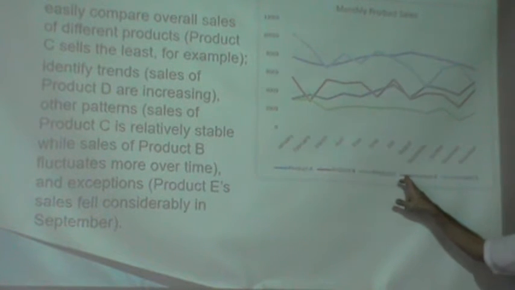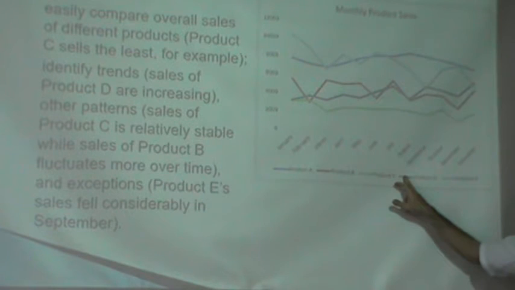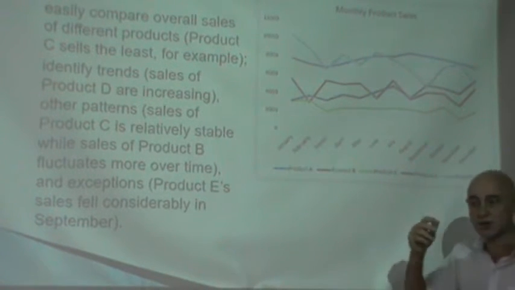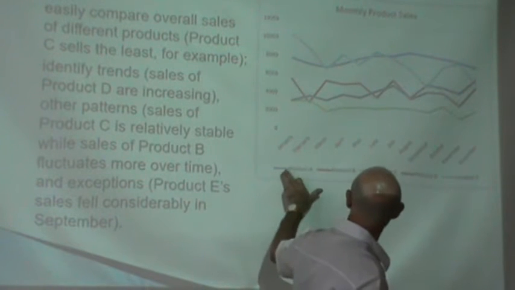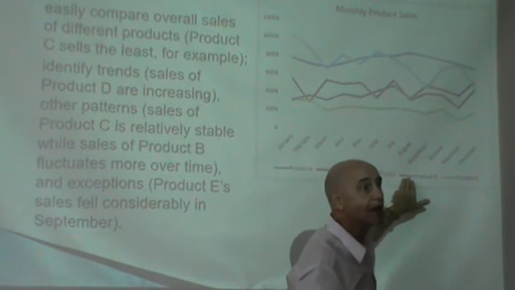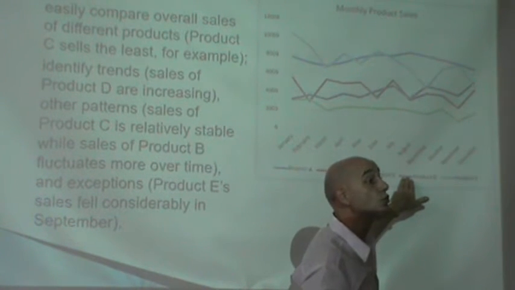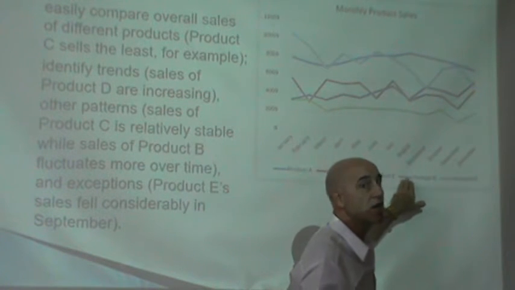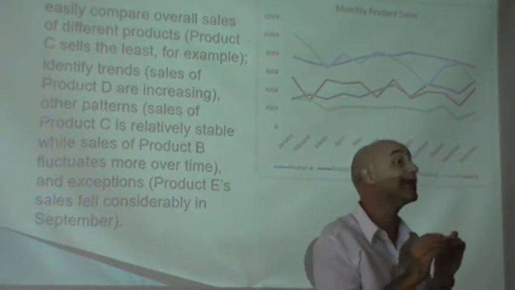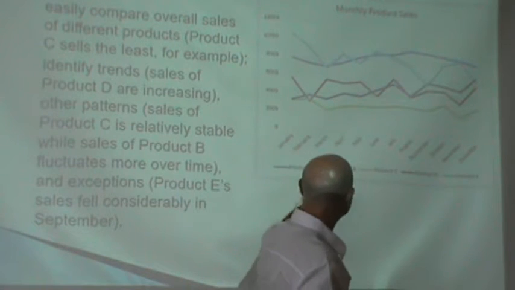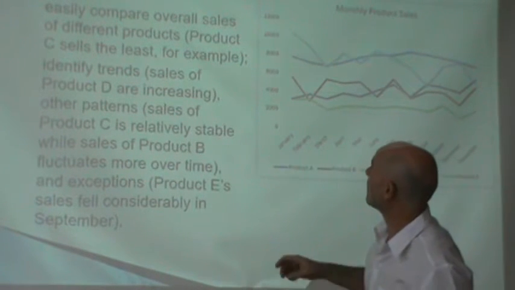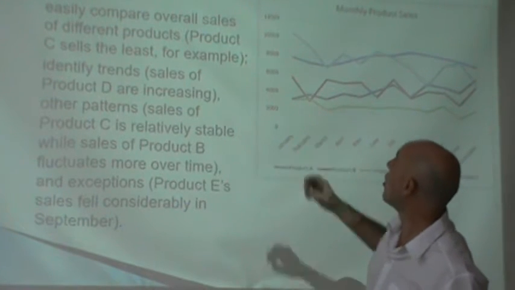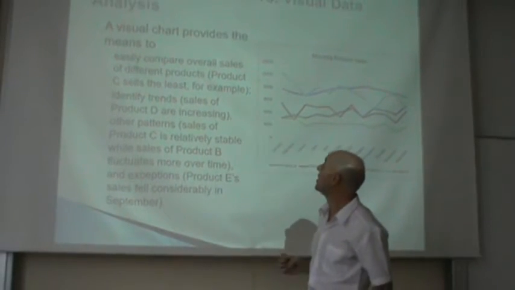Maybe one can use yellow or some other color. So here's a simple example of how this color and this color are so close to each other that they are actually difficult to read and differentiate. Of course, you can go back to the data and look, is it this or is it this? Okay, so what do we have? You easily compare overall sales of different products.